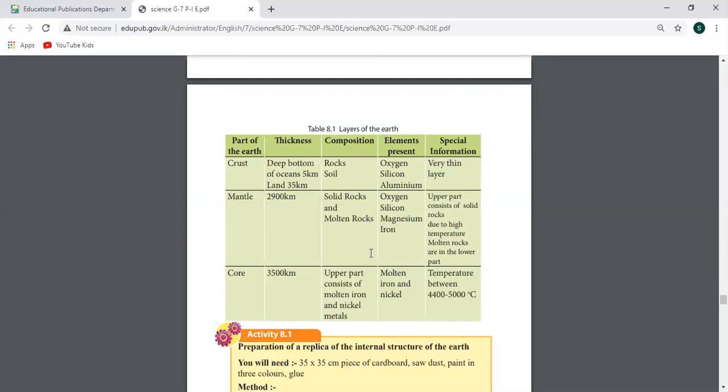So it is easy to remember that the upper part consists of molten iron and nickel metals. The special information about this core is that it has a temperature between 4,400 and 5,000 degrees Celsius. Oh my God.